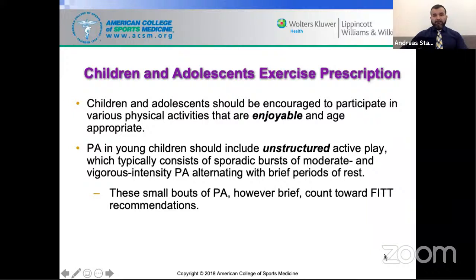Enjoyable activity is surely a thing. It has to be fun with children, right? If you want to increase the effort they're putting in and also them sustaining, them keep exercising. So it has to be fun.